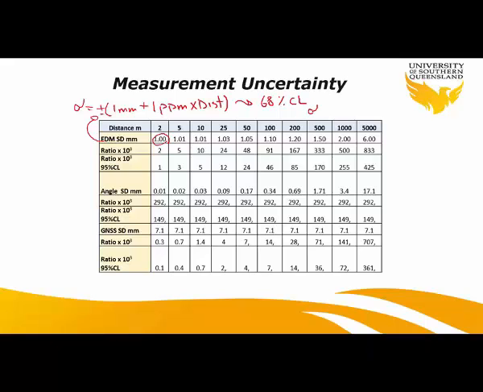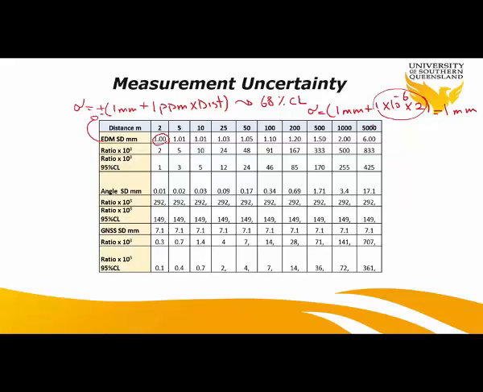It's going to be 1 millimeter plus 1 times part per million 2, so it's very small and it's still 1 millimeter, so it doesn't change the accuracy that much.